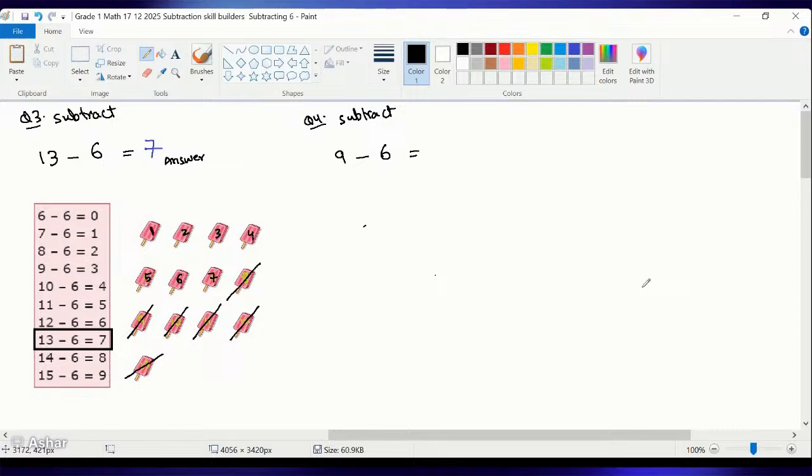Okay, what we can also do is write the numbers. 1, 2, 3, 4, 5, 6, 7, 8, and 9. So from 9, we need to subtract.